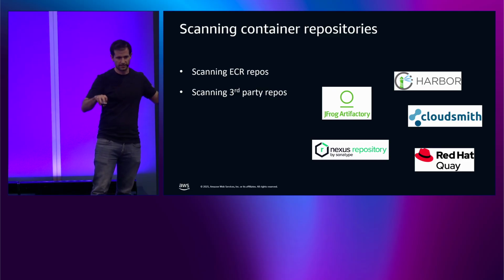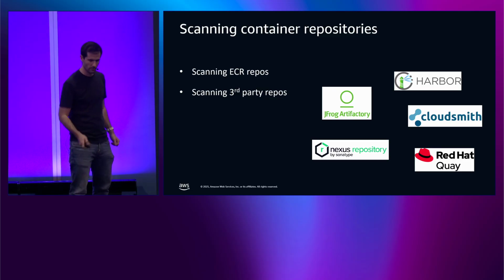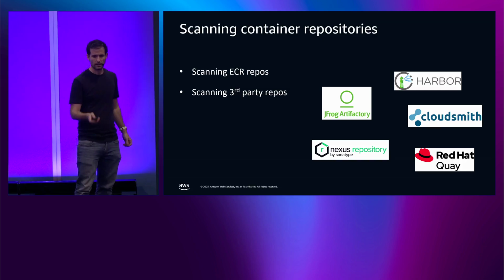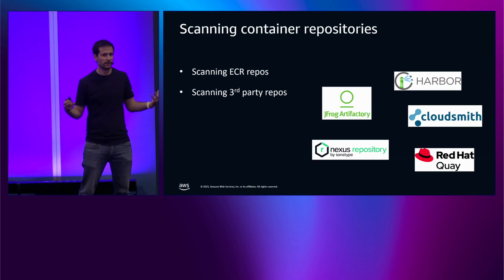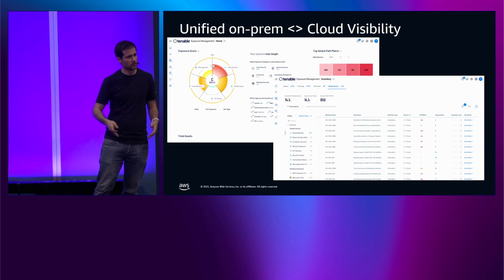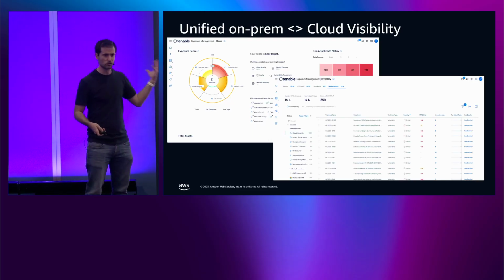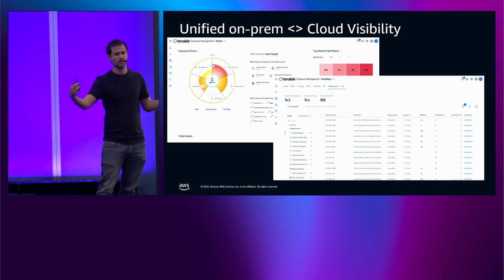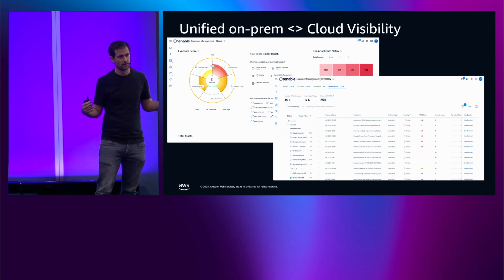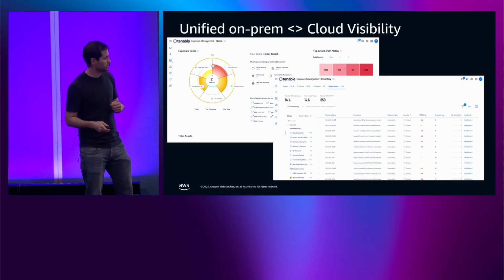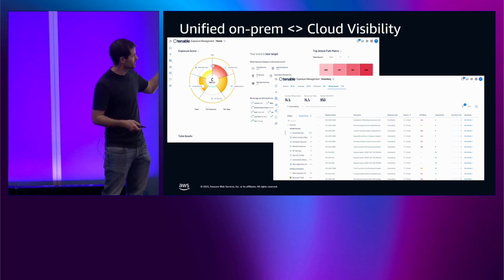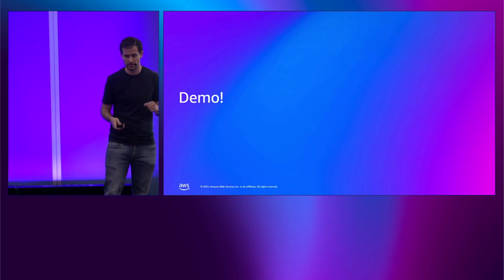So it's not separate. And once we have all of the information from all the vulnerabilities that we found in the repositories and in runtime, we combine it also with our exposure management platform to combine it with the vulnerability findings from other places in your organization, not just the cloud. We'll see it again in a demo right about now.